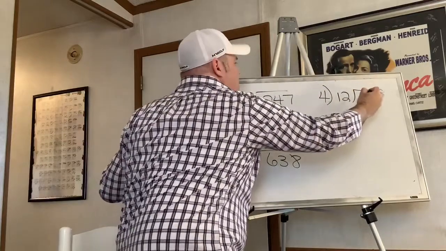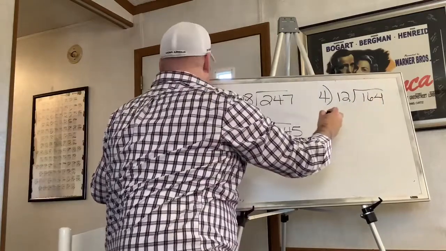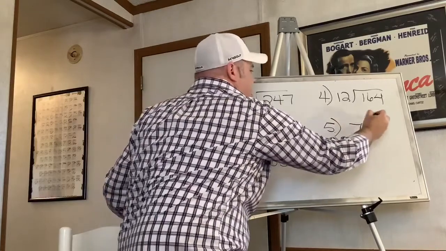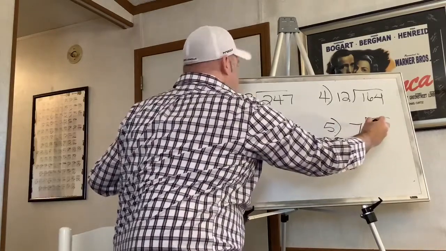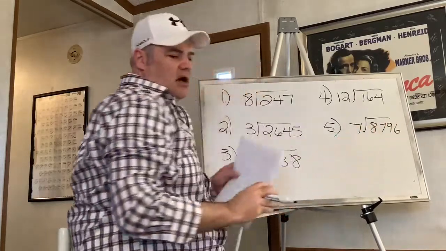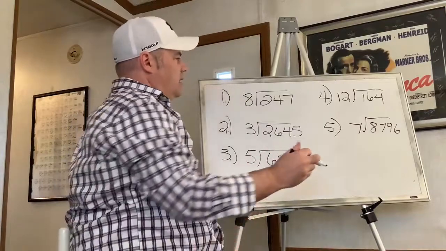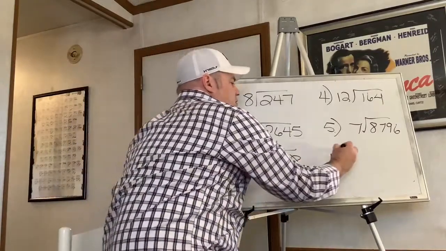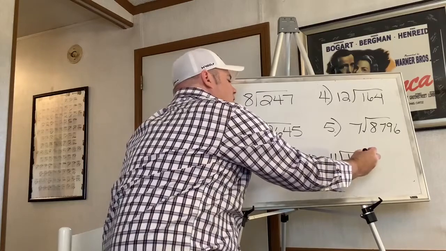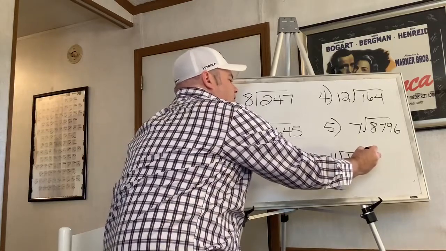And it's the same thing if the number's even bigger, like this number. I'll do one real quick. I forgot to do one in the, that's 8,796. Let's say I'm doing 11 into, let's do 157.